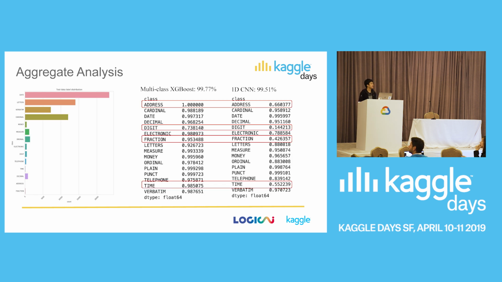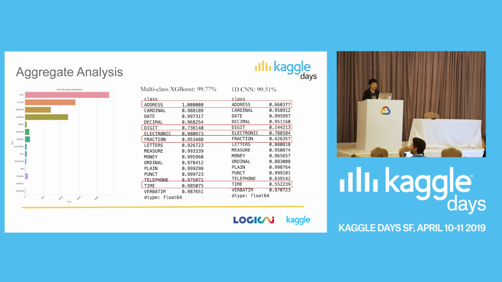Now, let's look at the final result of these two models. Here I show the test data label distribution, still removing the majority class. You can see for AttributeBoost and the neural network, the final accuracy is pretty close.